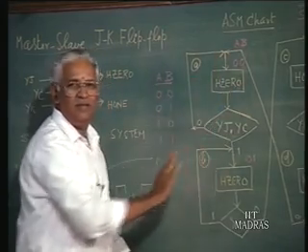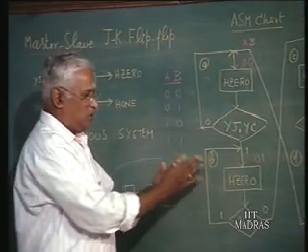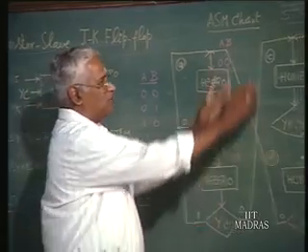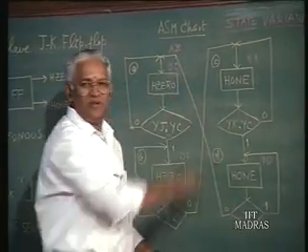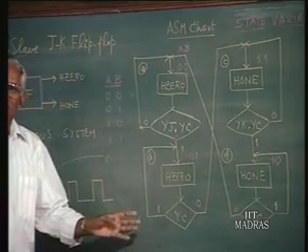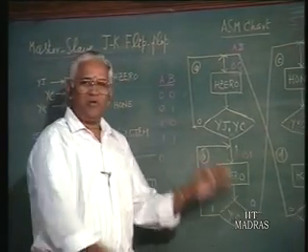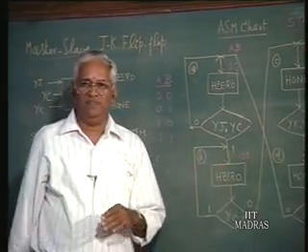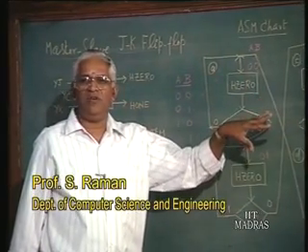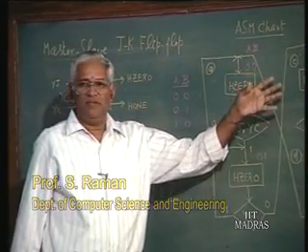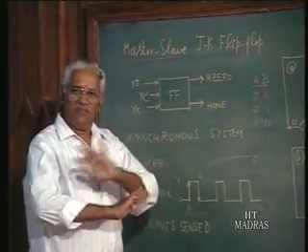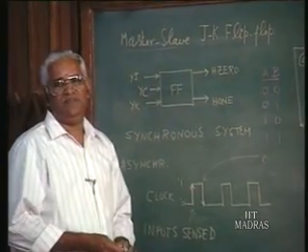Now extend, go to state B, work out similarly, go to state C, work out similarly, go to state D, work out similarly, and we have talked about the entire system. So with 4 such words, we have the whole behavior of this master slave JK flip-flop system completely defined.